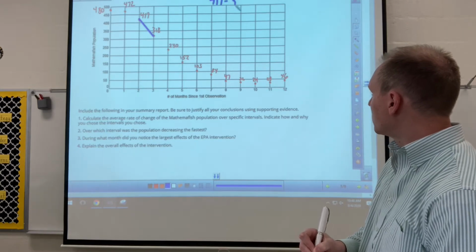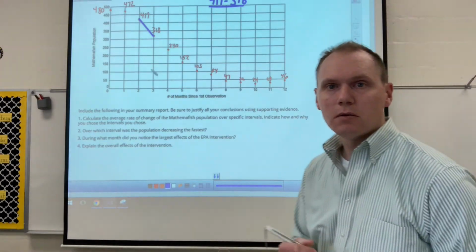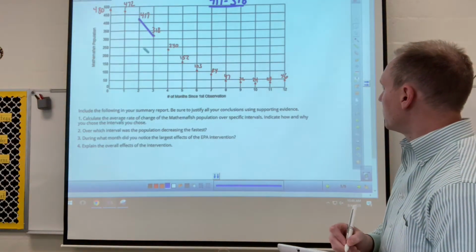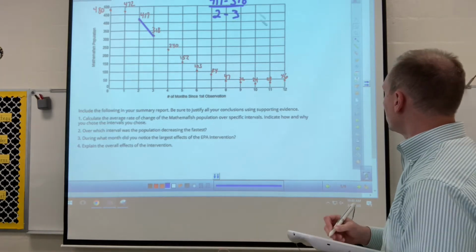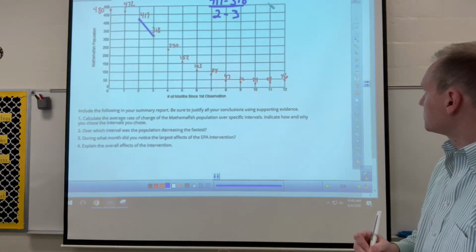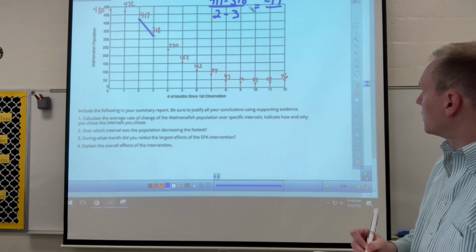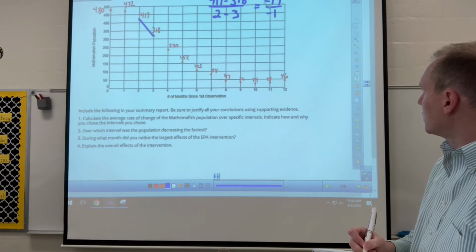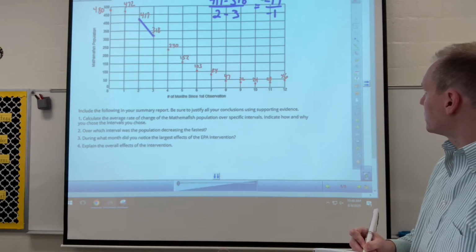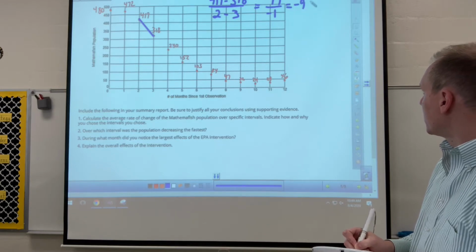417 minus 318 divided by the change in month. So you can go from 2 to 3. If you subtract here, we're going to get 99, negative 99, let's see, over negative 1. In fact, it's positive 99 over negative 1, so it'll be negative 99.